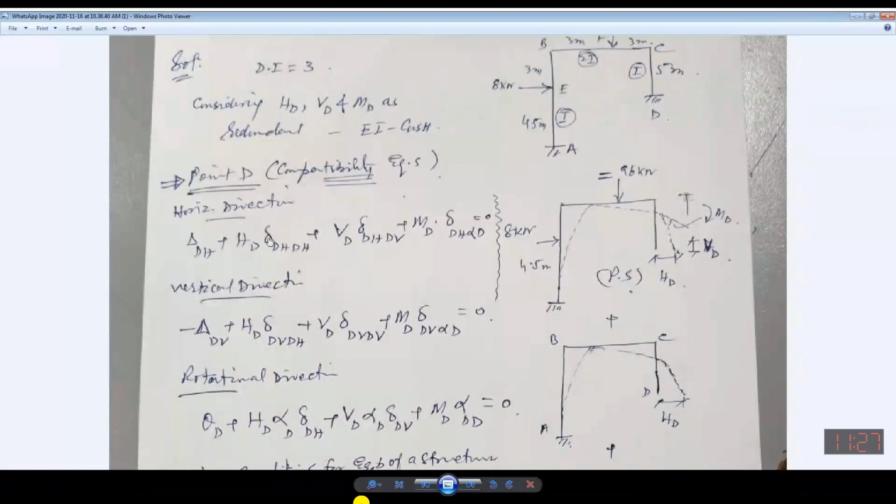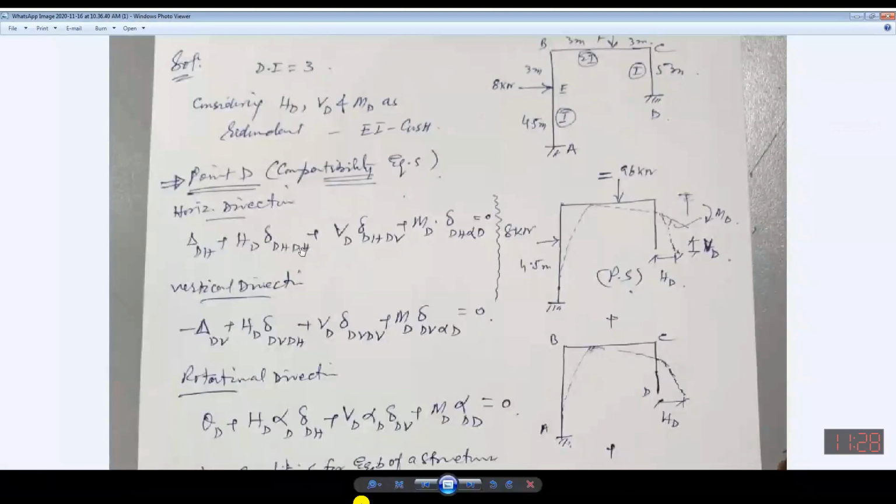This is flexibility at point D in the horizontal direction when unit load is applied at point D in the horizontal direction. Again, flexibility means what happens due to the unit load. So flexibility or displacement at D in the horizontal direction due to unit force at D in the horizontal direction.